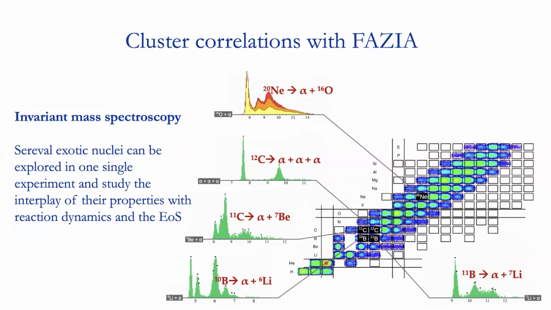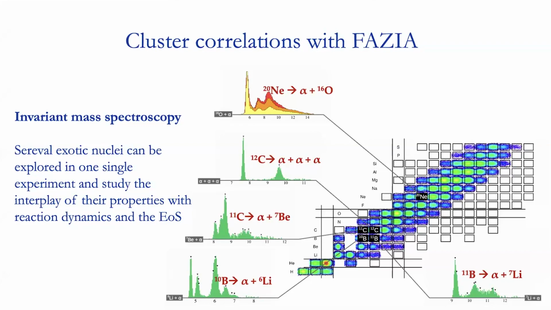So you do one experiment to study the equation of state, and in the same experiment, hundreds of states, like carbon-11 into alpha and beryllium-7, carbon-12 into 3 alpha, for example, by looking at multiple alpha correlations.